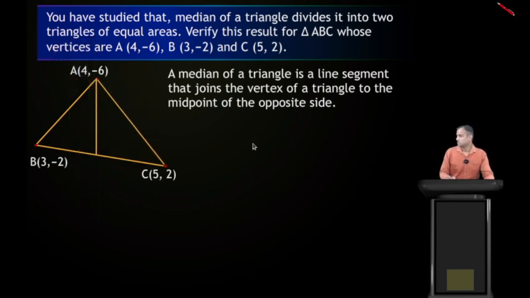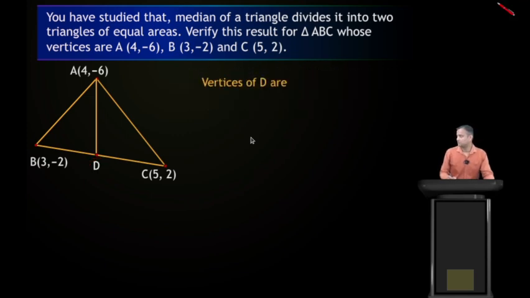So D is the midpoint of BC. So you have to join A and D, and AD is our median, and D is the midpoint of B and C.